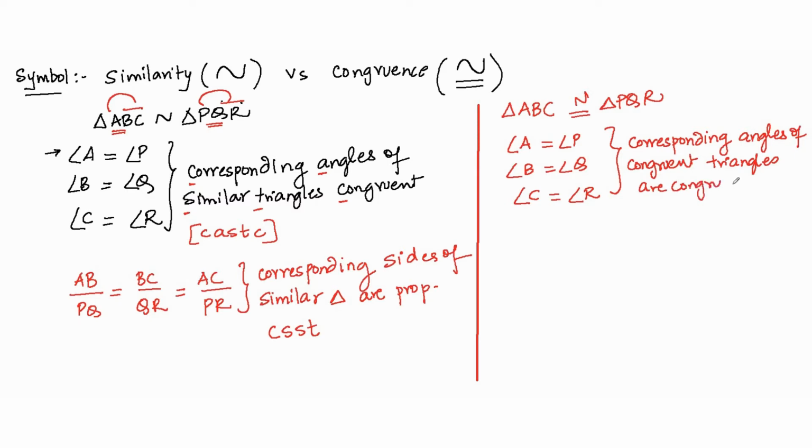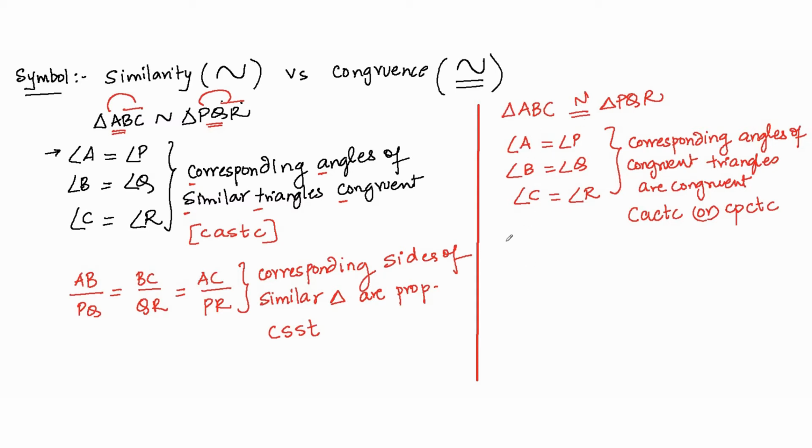The short form for this was CACTC, or we could also write it as CPCTC, corresponding parts of congruent triangles are congruent. So these are the two short forms for this particular phenomenon.